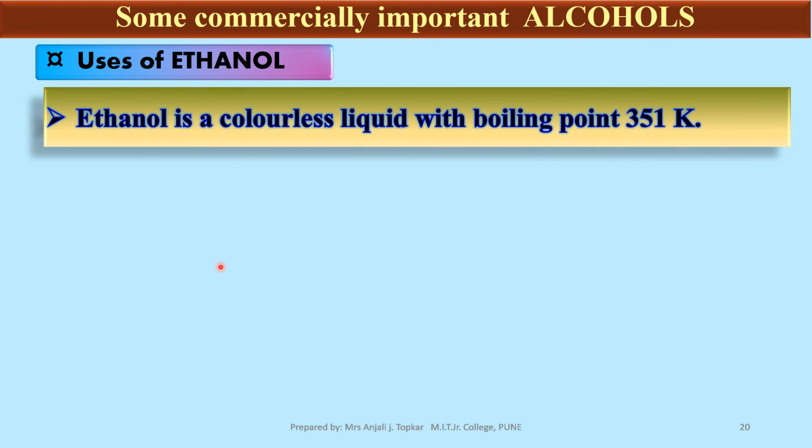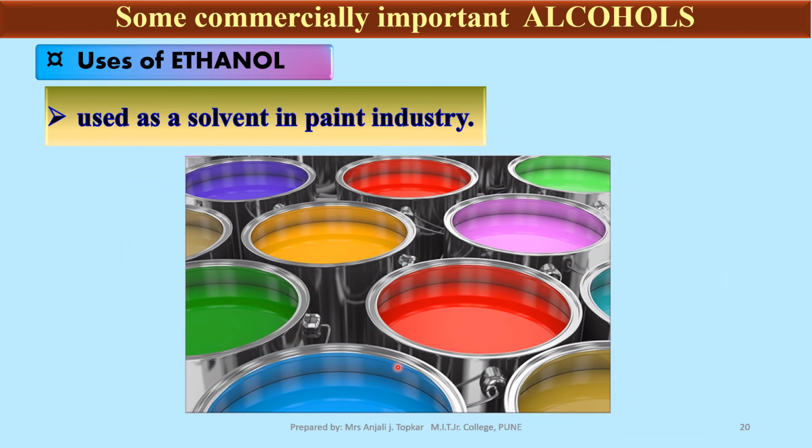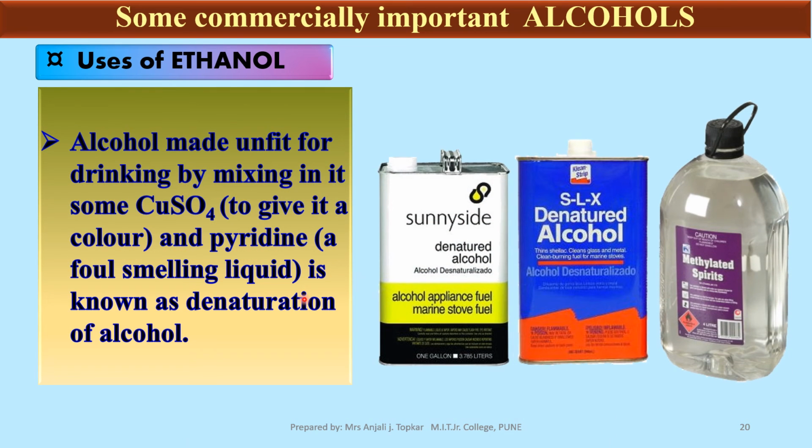Ethanol is a colorless liquid with boiling point 351 Kelvin. It is used as a solvent in paint industry. Alcohol is made unfit for drinking by mixing it with some copper sulfate and pyridine, which is known as denaturation of alcohol.